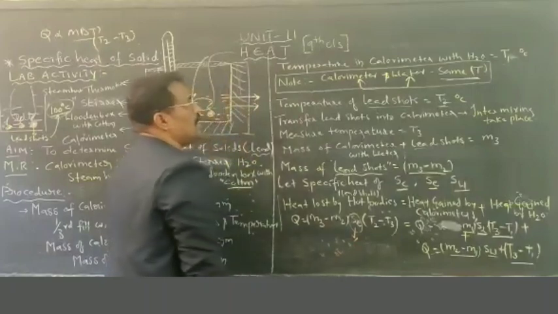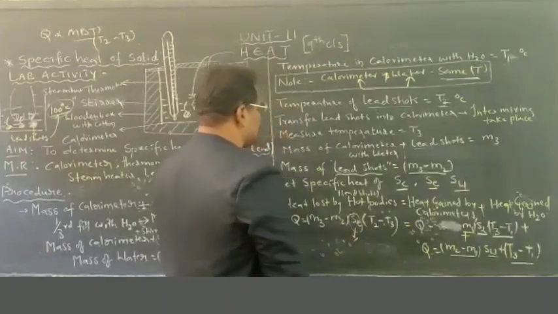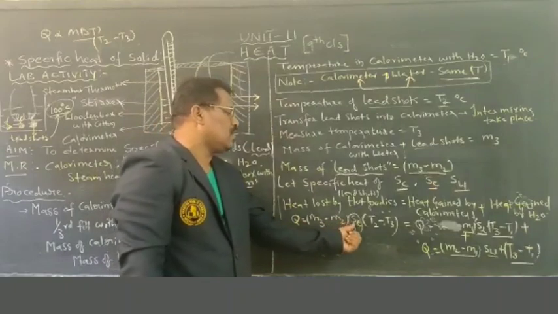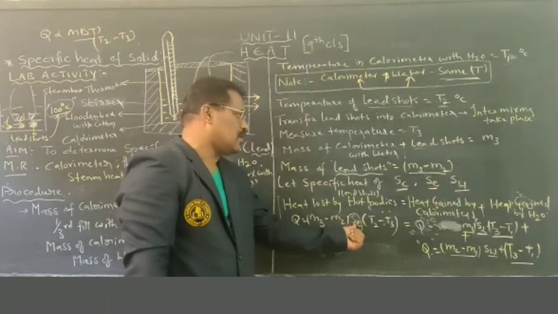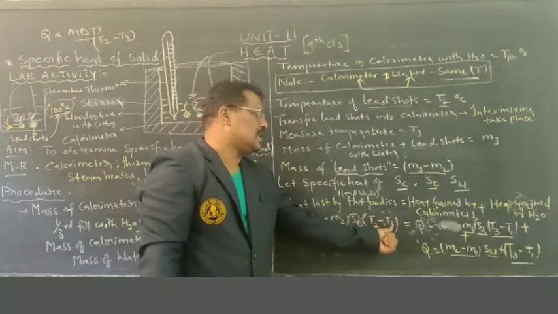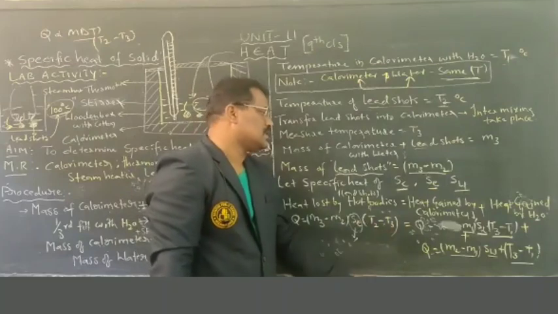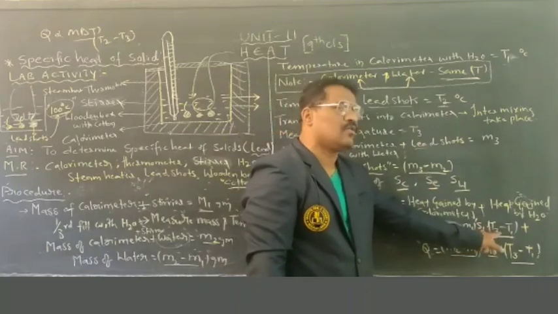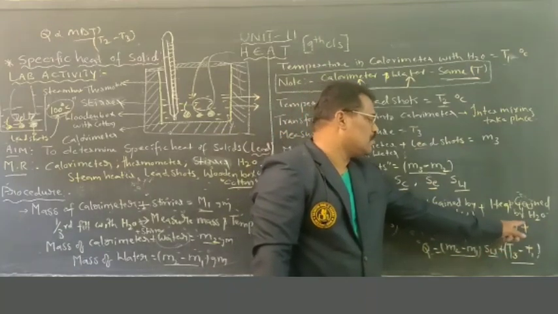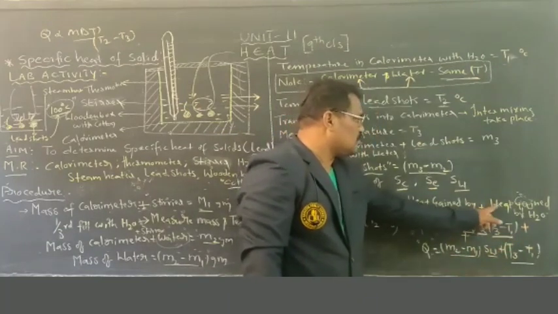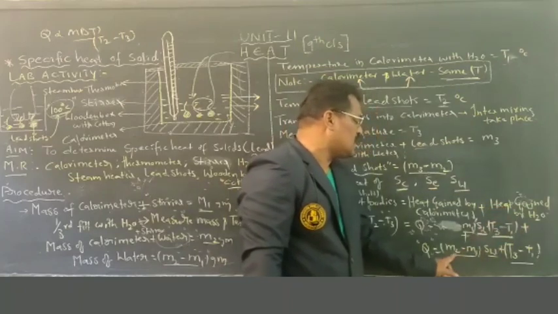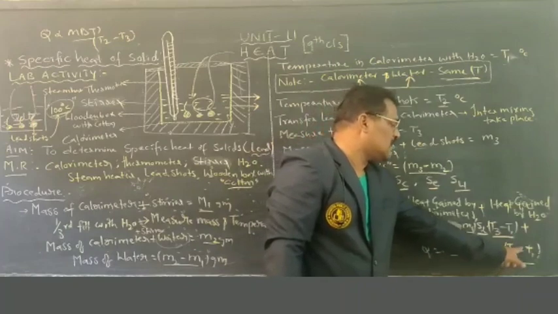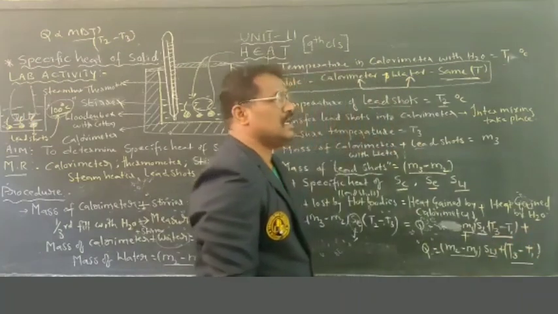After that, we require the specific heat of solid. The formula is: M3 minus M2 into S, the specific heat of lead shot, into T2 minus T3 degrees Celsius, is equal to heat gained by calorimeter, M1 into S1 into T3 minus T1, plus heat gained by water, M2 minus M1 into specific heat of water into T3 minus T1 degree centigrade.